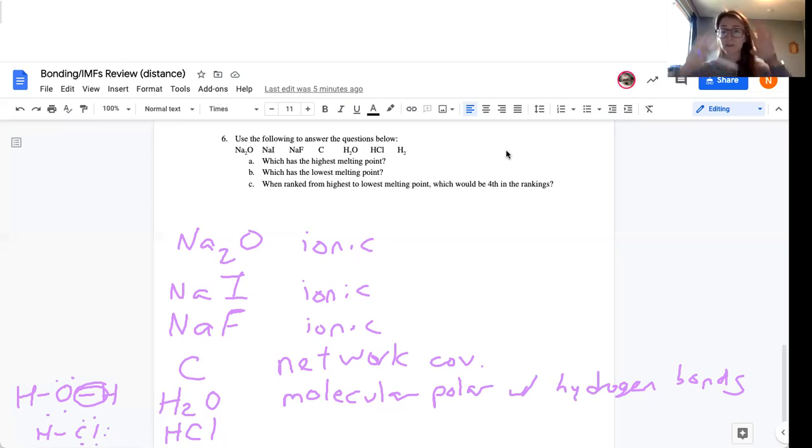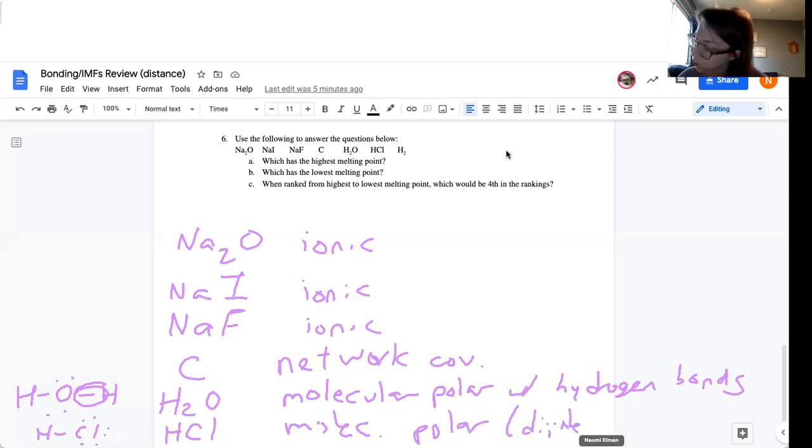You're just asking yourself, are the two sides of this, the H and Cl, the same as each other, non-polar, or different from each other, polar? So H and Cl, different elements, therefore this is molecular polar, and would have dipole as its IMF, whereas hydrogen bonds would be the IMF of the water.